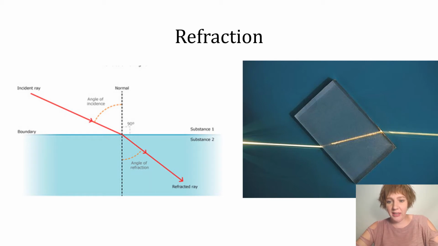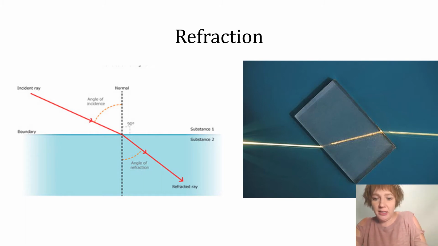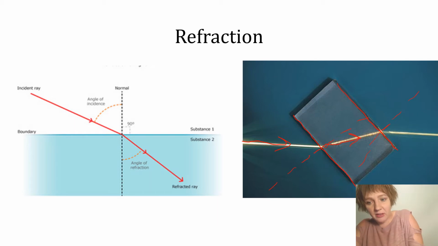Here we have that again, except this time we can watch as the light goes through a piece of glass. And you can see in this case, here is the boundary, here is the normal, and the incident ray comes in, refracts at the interface, hits this second boundary, the normal is here, and it refracts on the way out.